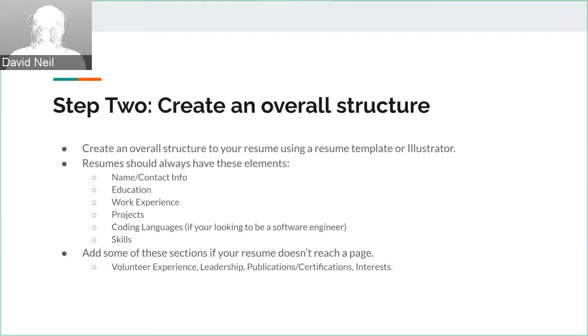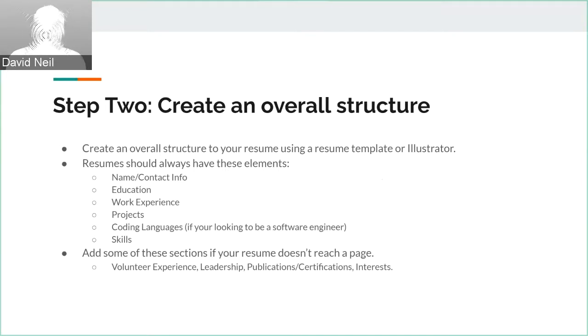So some other things that you can put on your resume: obviously volunteer experience, research. If you're in a VIP, if you're conducting research with a professor, you can put that on there. And that comes with publications and certifications. If you're Maya certified, Blender certified, those are certifications that might be super helpful.